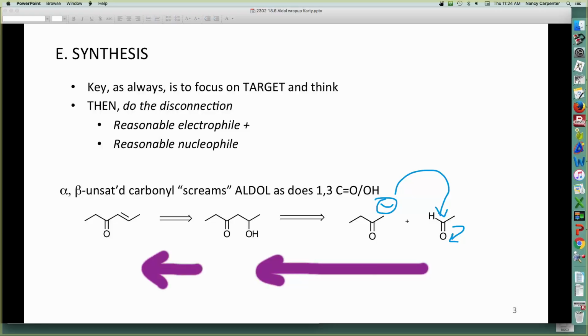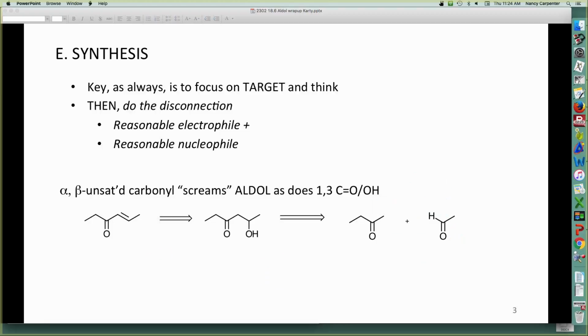Further dehydration, loss of water, takes me to the conjugated ketone or aldehyde. So, what am I saying? When you see a target with that functionality, alpha-beta unsaturation, or this functionality, 1,3 carbonyl hydroxyl group, you're going to use an aldol to make it.